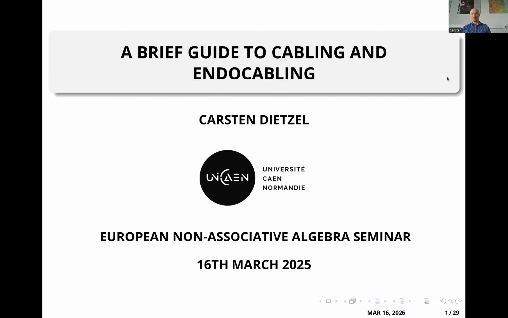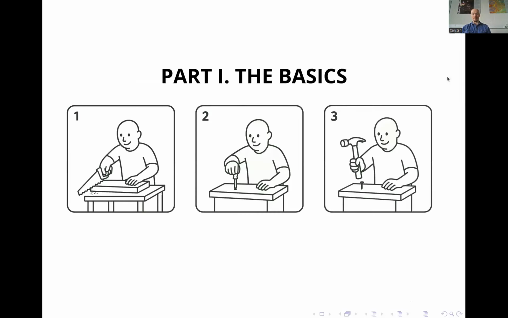Then I will explain how to cable cycle sets or solutions to the Yang-Baxter equation in the classical way, a technique introduced by Lebed, Vendramin, and Ramírez, and I will explain shortly how to prove things with classical cabling. I will then proceed to introduce endocabling, which is a generalization, and then show what you can actually do with endocabling. So the first part of our manual is introducing some basics.